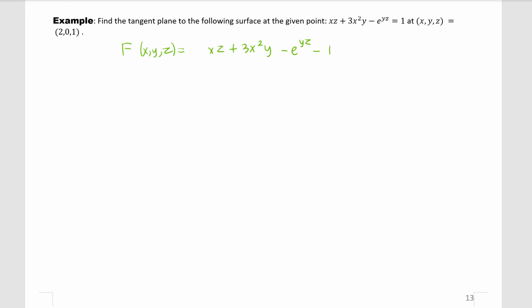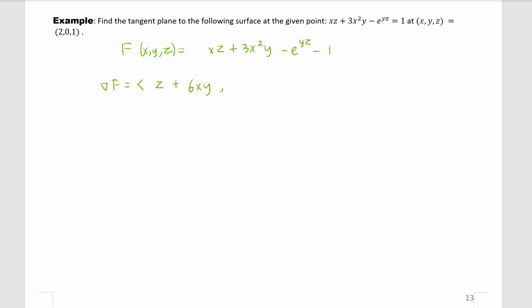So that's the surface, and then we find the gradient. Partial f, partial x: take the derivative with respect to x. The first term gives us z, x squared gives us 2x, so 6xy, and the remaining 2 terms have no x. How about the derivative with respect to y?